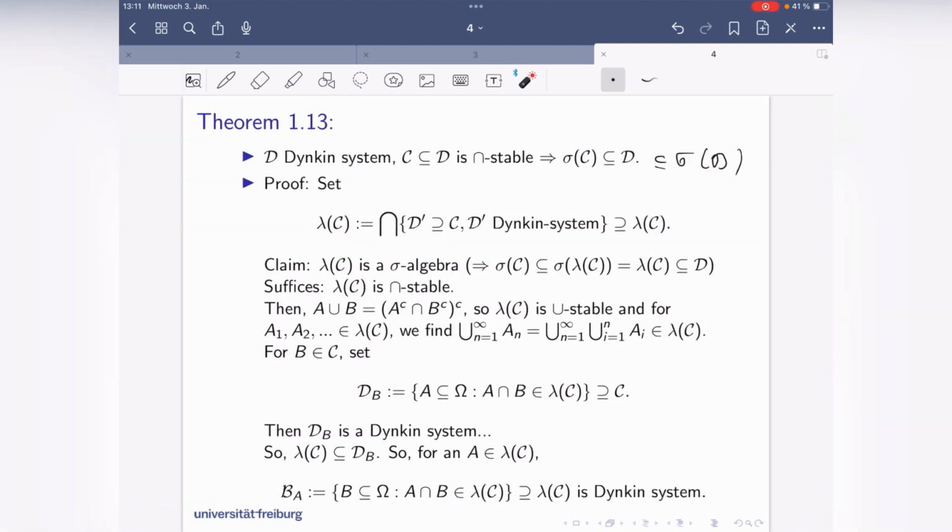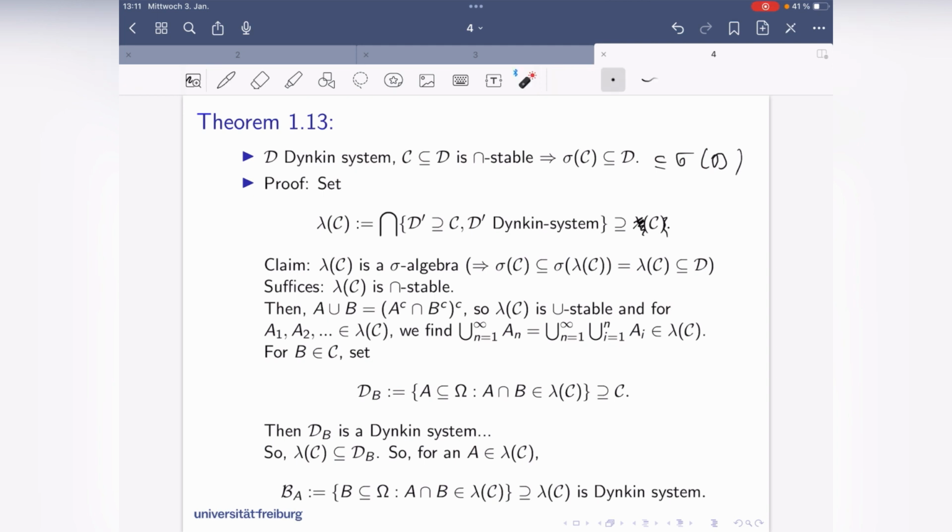So let's prove this here. I wrote it down because the proof is a bit complex, so I can see the structure of the proof better here. First of all, let me correct something because that doesn't really make sense here.